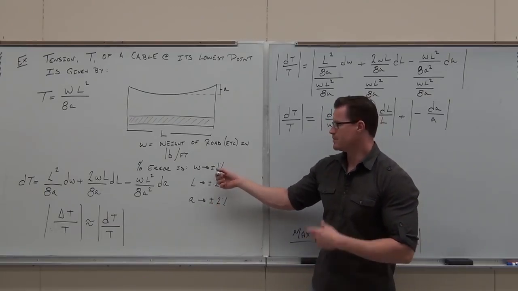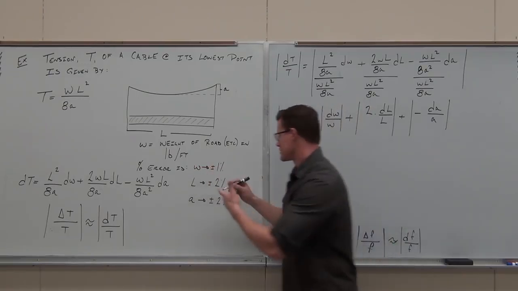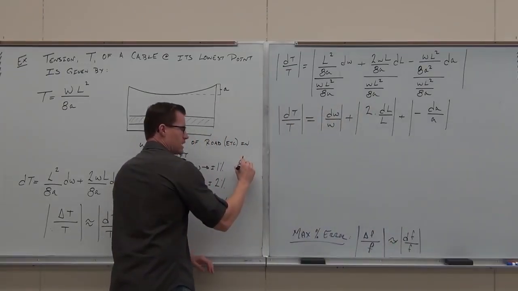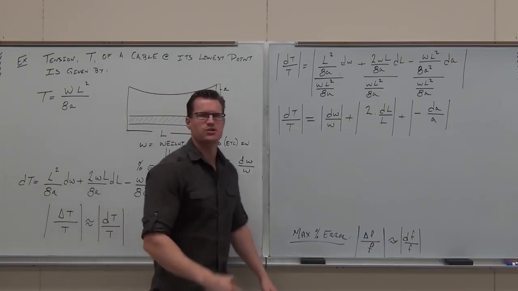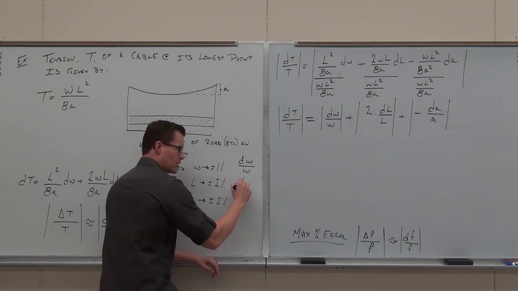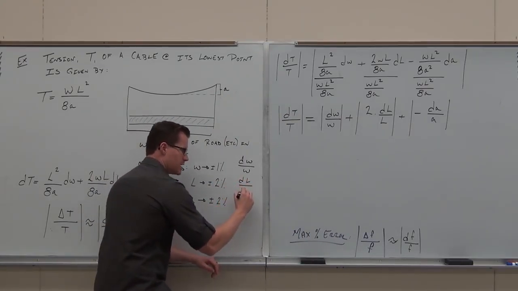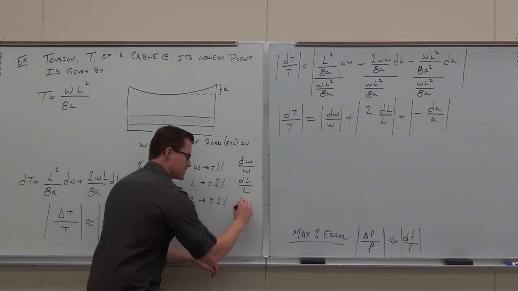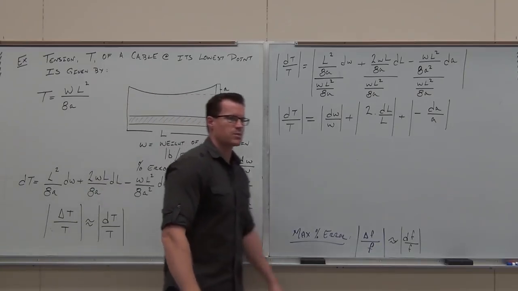This right here is the maximum error, percentage-wise, of W. It is the change in W over W. That's what it is. It's just given to you as a percentage. This is the maximum percentage error of length. It is the amount that L changes divided by L. And this is that.